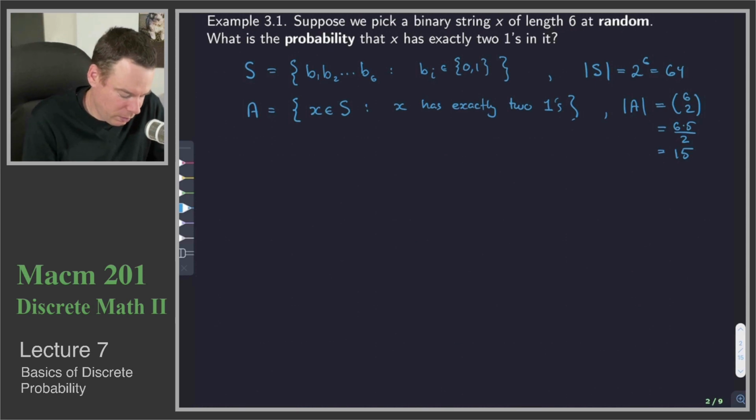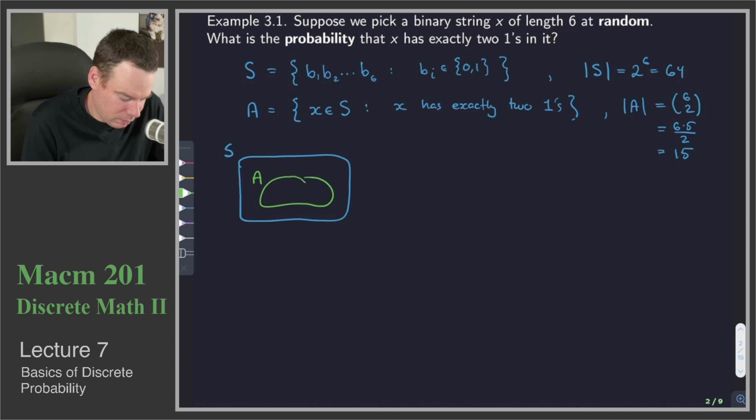The picture that we have to sort of go along with this is we've got our set S. This is all our binary strings. Inside there, we've got our set A. These are the strings with exactly 2 ones. So for example, 1, 1, 0, 0, 0, 0, or 0, 1, 0, 1, 0, 0, etc. The ones that are outside of A are those strings that either have less than 2 ones or more than 2 ones.